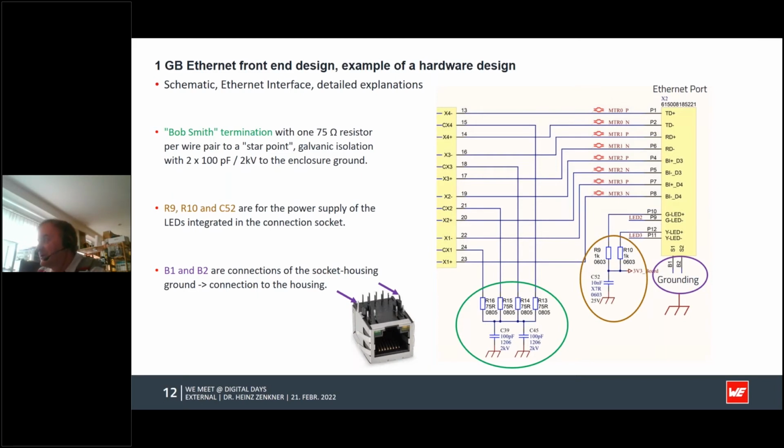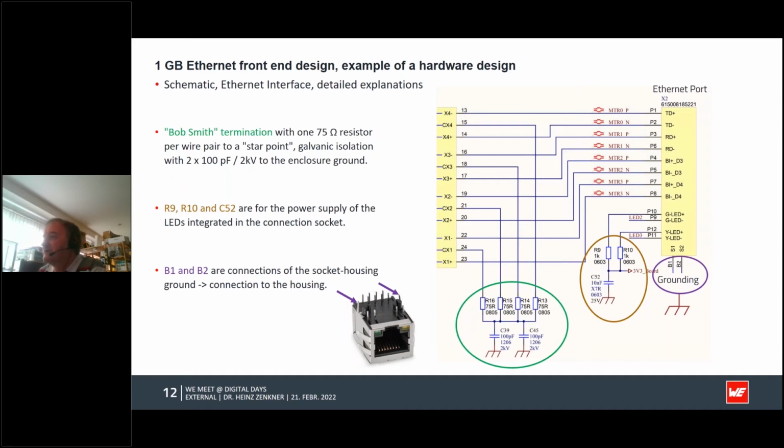This has been separated here, like I will show you on the next slide. So this ground sign here is the shield ground, which is mentioned also here. This is the ground of the shielding of the connector, shown here as B1 and B2.